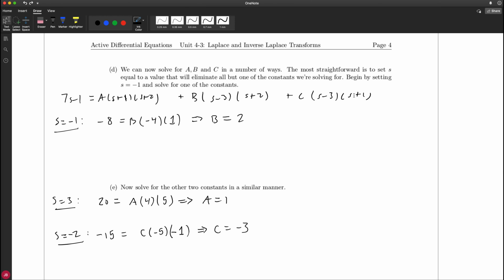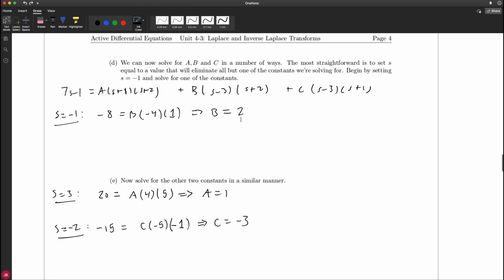All I'm left with is b times -4, because I'm plugging in s equals -1, times +1, because s is -1. On the left-hand side, I get -7 minus 1, which is -8. That tells me very quickly and easily that b must be equal to 2. So it's a sneaky workaround.